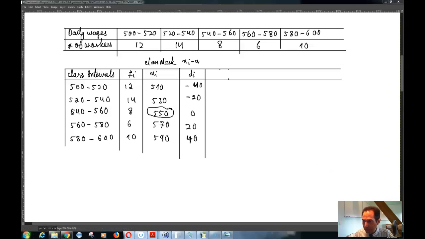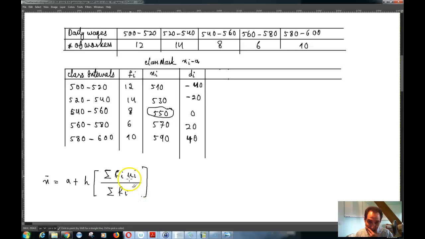In this step deviation method, you can write x bar is equal to a plus h times sigma f of i times u of i over sigma f of i.